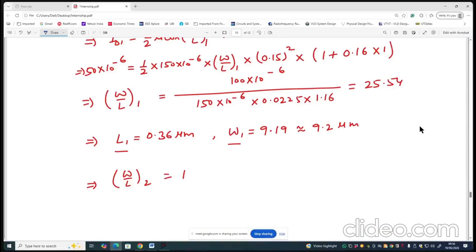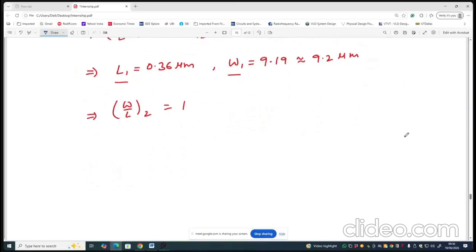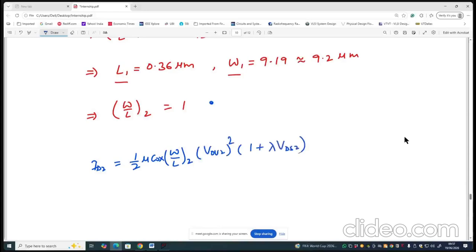Now let us verify also. We are getting this from the gain expression, but we also have the ID expression. So we can also write ID2 is equal to half mu Cox W upon L2 into VOV2 whole square into 1 plus lambda VDS2.